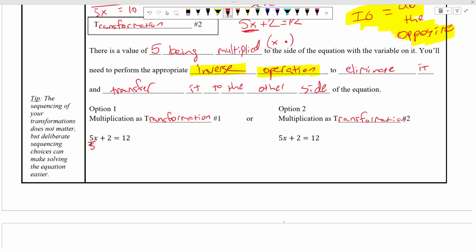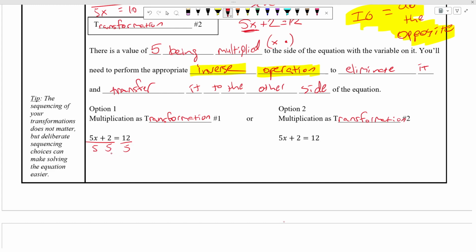In fact, I would need to divide not just this term here, but every term on the side of the equation for it to work out appropriately. So divide everything by 5, and the same thing on this side of the equation as well. Divide everything by 5, for if you do not, you will end up with a crazy incorrect result.